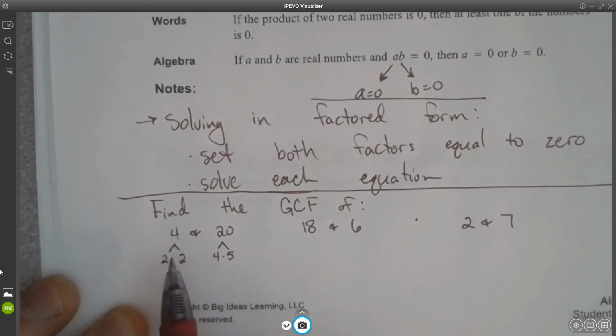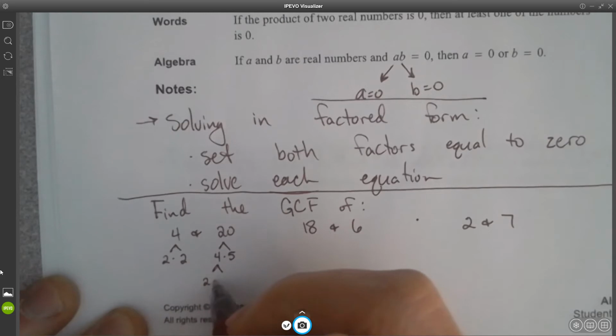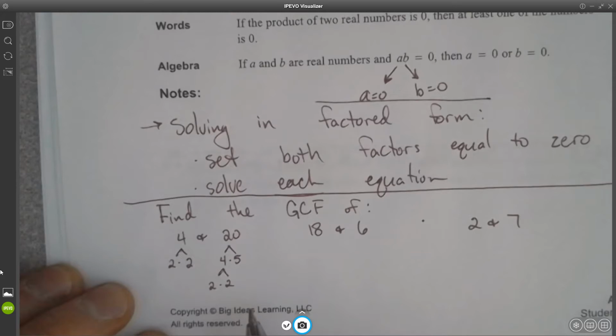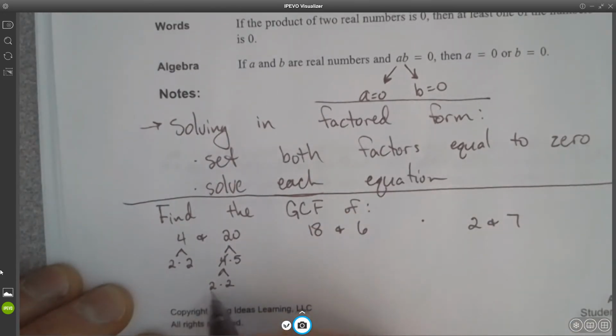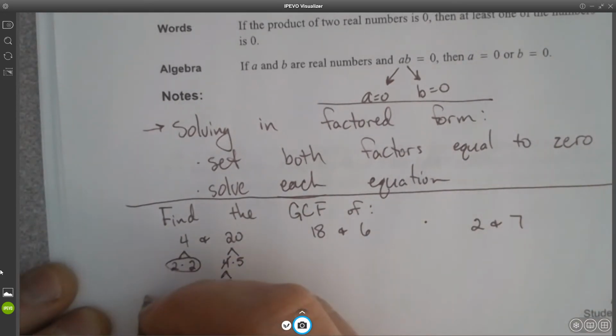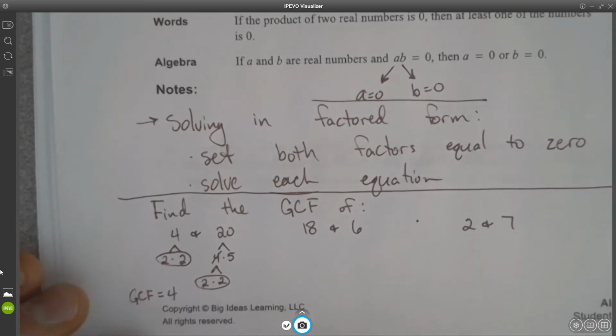So when I look at these, well, I can take 4 a little bit further. 4 is 2 times 2. So if I'm thinking about finding the greatest common factor of these two numbers, now I want to know, what do they have in common. So 20 is 2 times 2 times 5, and 4 is 2 times 2. So they both have 2 times 2 in common. So the greatest common factor of 4 and 20 is 4. 4 is the largest number that divides both 4 and 20 evenly.